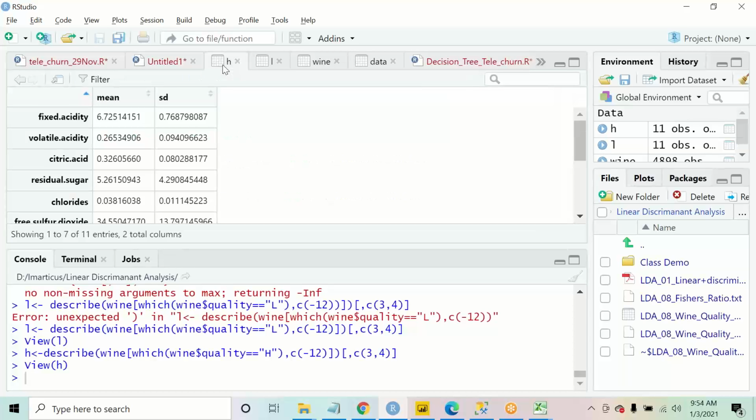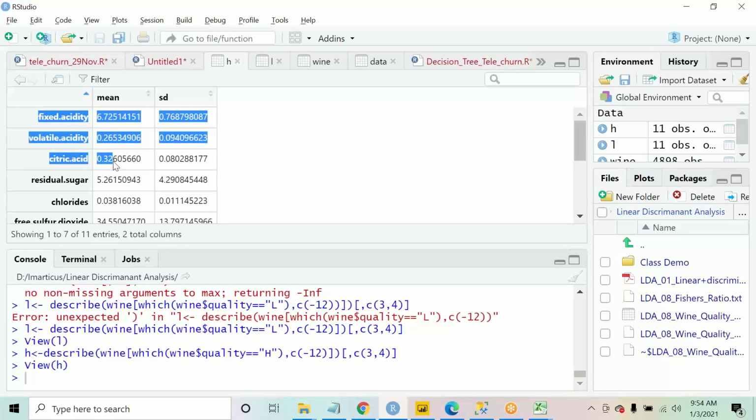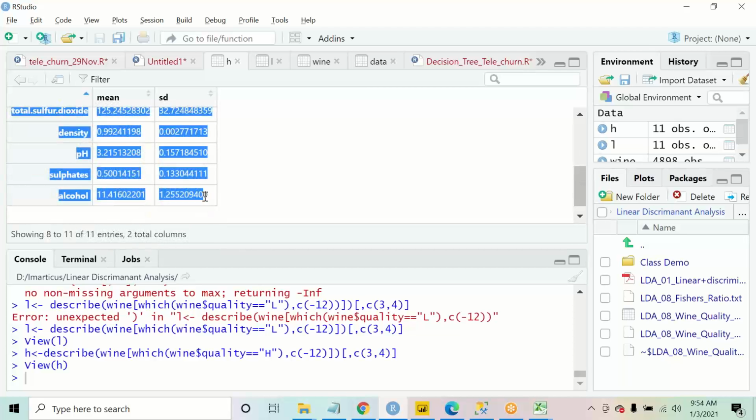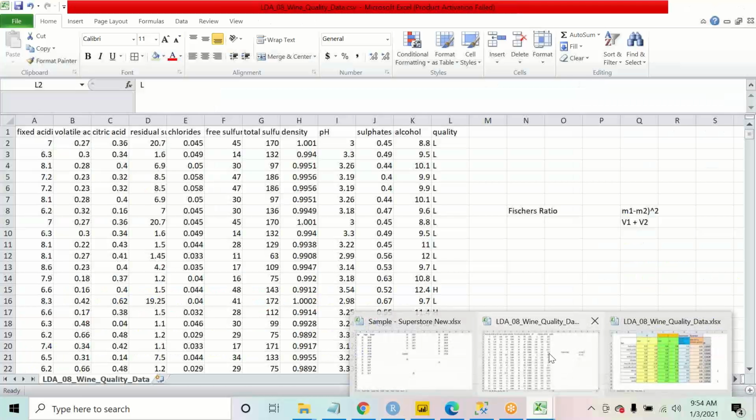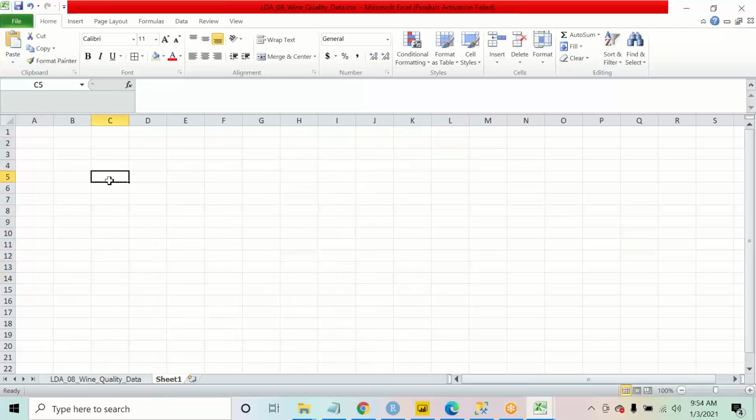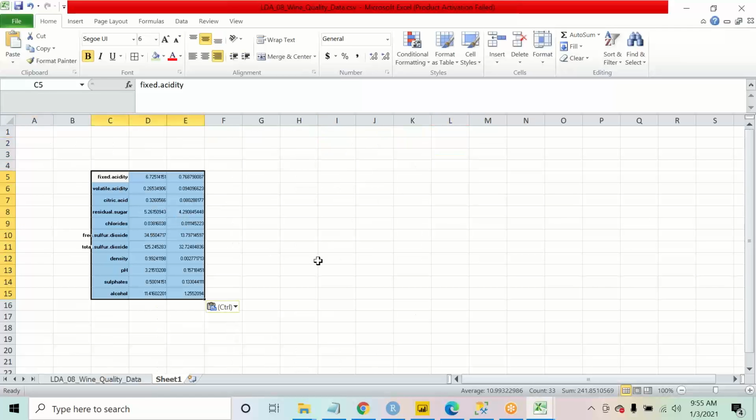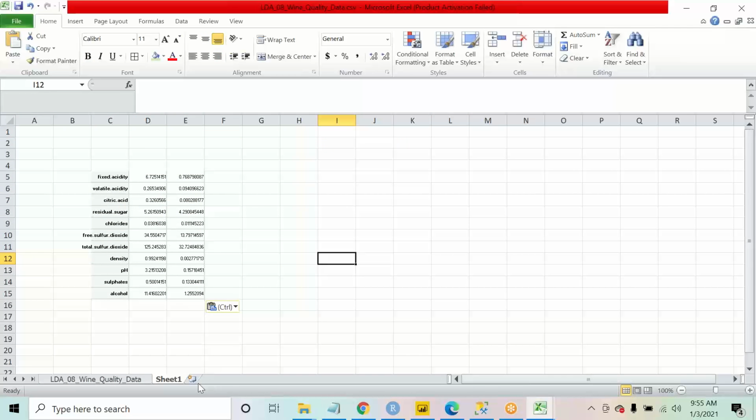Okay, now what you can do from here is, the data set that is created, you can simply copy this information and put it in your Excel, over here. This is data set 1.